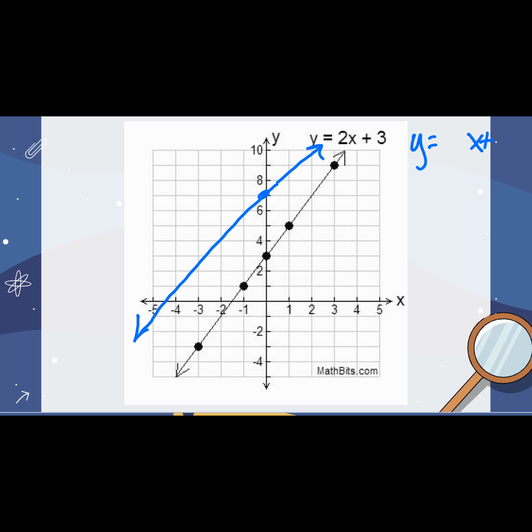If we're looking at the slope of this line in blue, say it's parallel, is the slope going to change? Is it going to be the same? What do we think about the slope? I know my line doesn't look perfect.